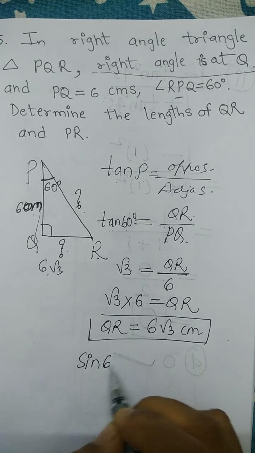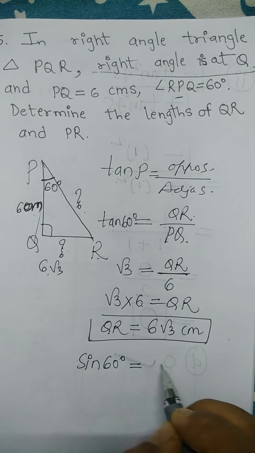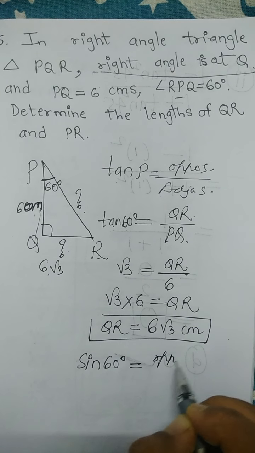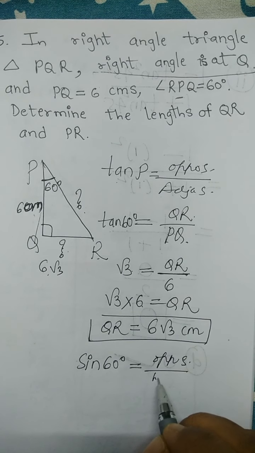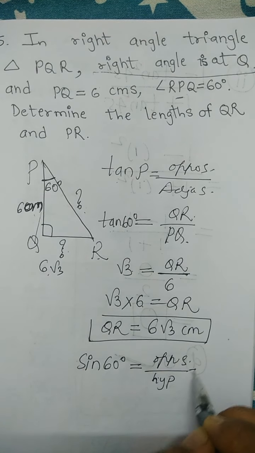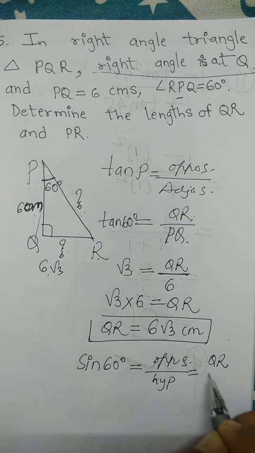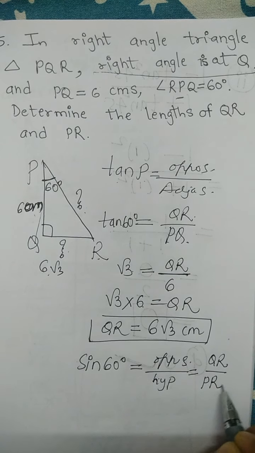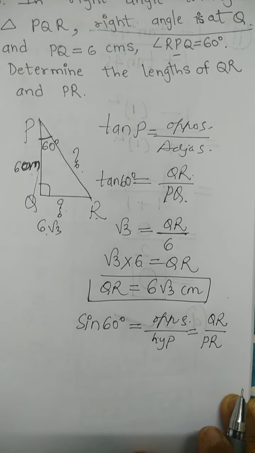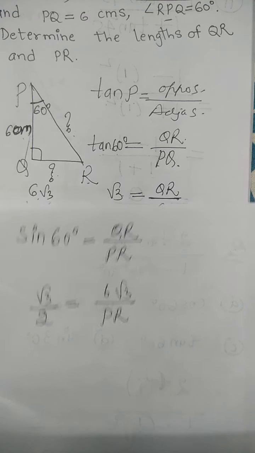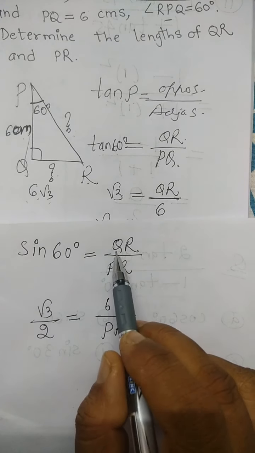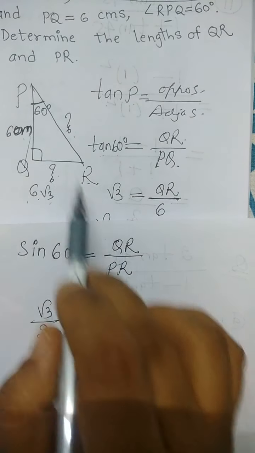Sine 60 degree equals opposite side upon hypotenuse. Opposite side is QR and hypotenuse is PR. So sine 60 degree equals QR upon PR.